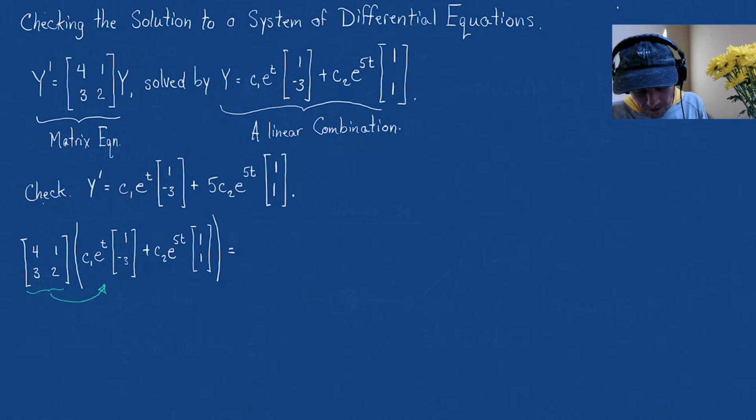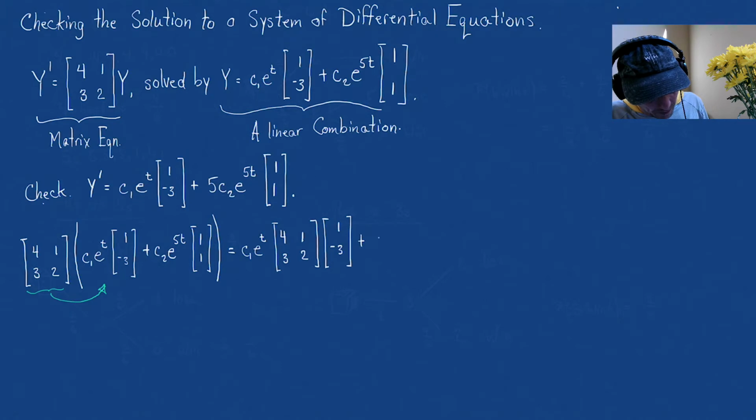So what we're left with is c1 e to the t times the matrix 4, 3, 1, 2 times the vector of 1, negative 3, plus c2 e to the 5t times the matrix 4, 3, 1, 2 times the vector of 1, 1.